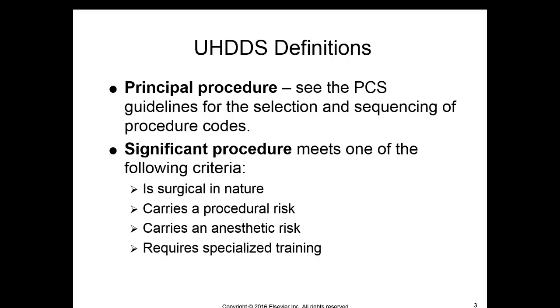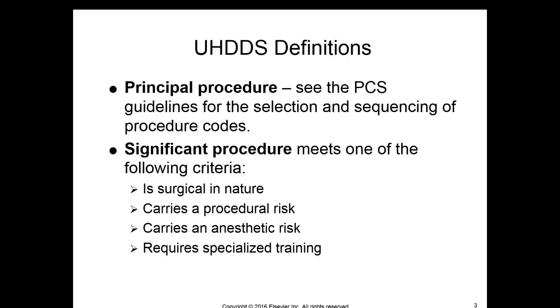So let's see if we can think of some examples of some of these. For this first example, there's a procedure performed for definitive treatment of both a principal diagnosis and a secondary diagnosis. So let's say that a patient comes in and they have a fracture of the femur and a fracture of, let's say, the radius.